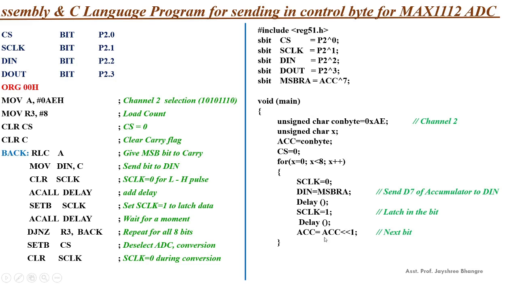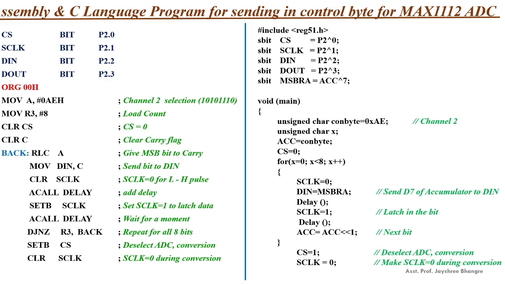In this way we are shifting the accumulator left bit by bit, and this is given to the DIN pin bit by bit. So in this way we are sending all the 8 bits of the control byte. After sending all 8 bits, by making CS equal to 1 and SCLK equal to 0, we are deactivating the ADC chip.